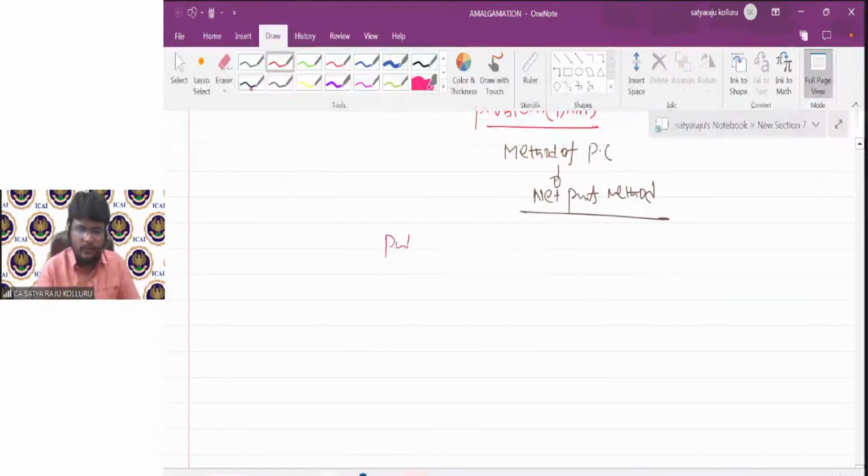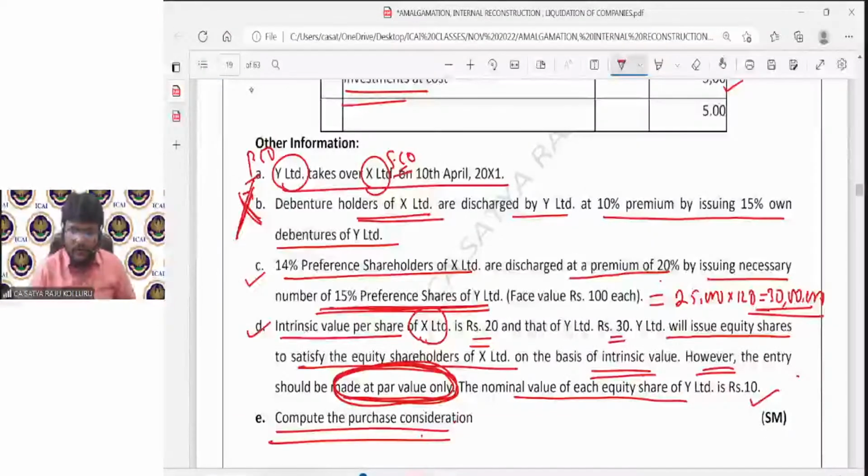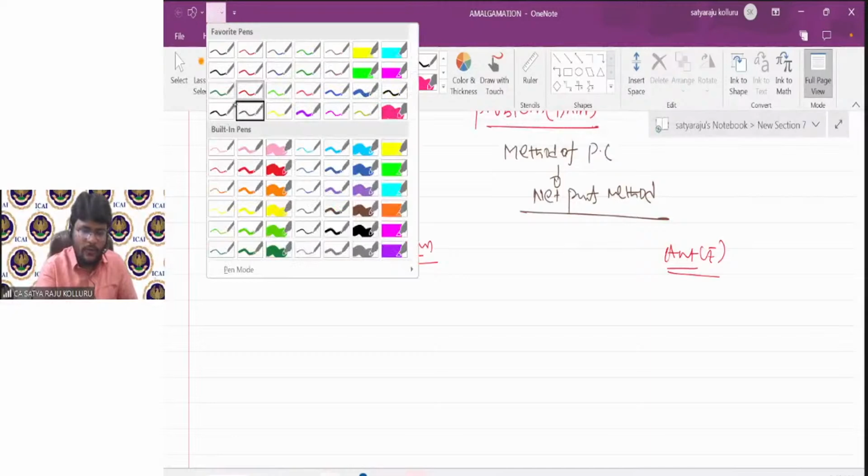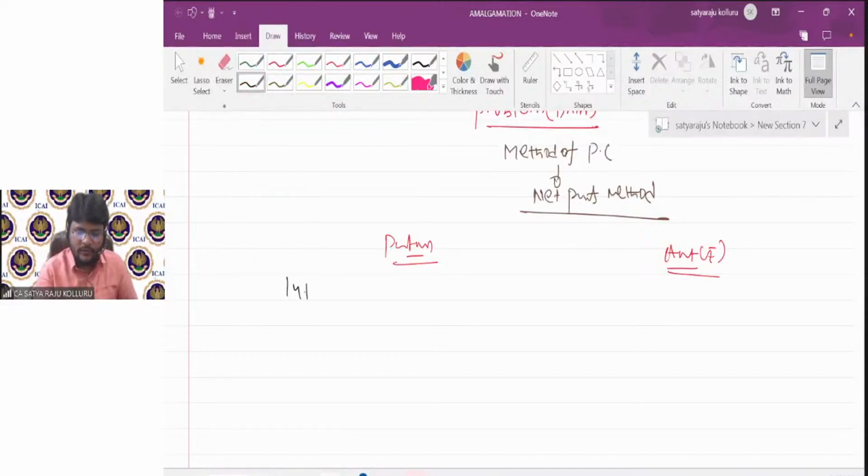Now particulars, amount rupees. So two parties are there. One is preference shareholders. The other one is equity shareholders. First, 14% preference shareholders of selling company.